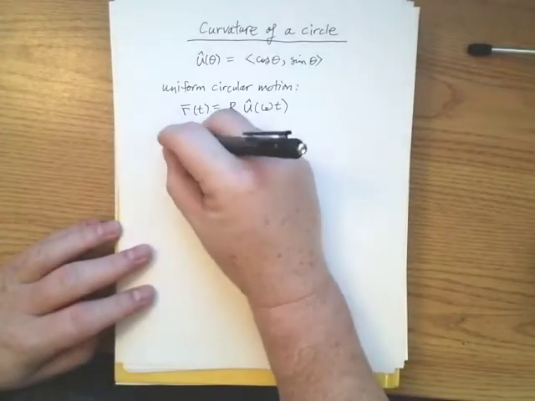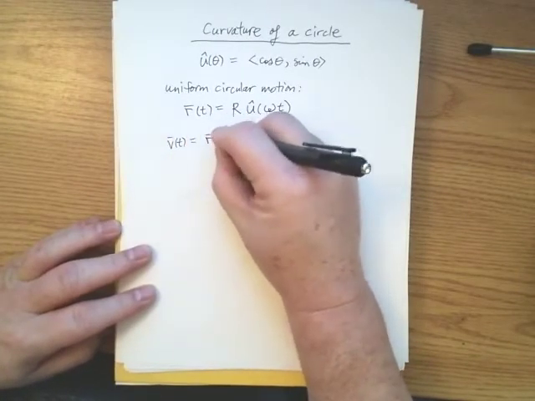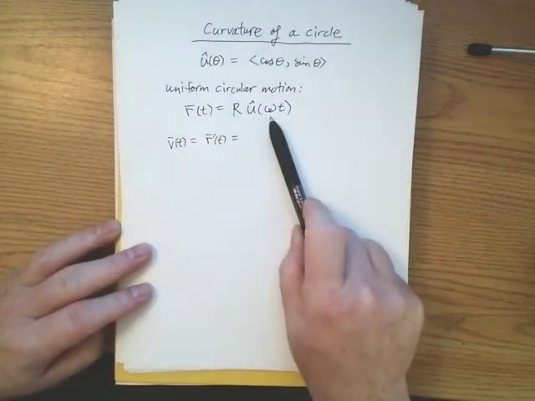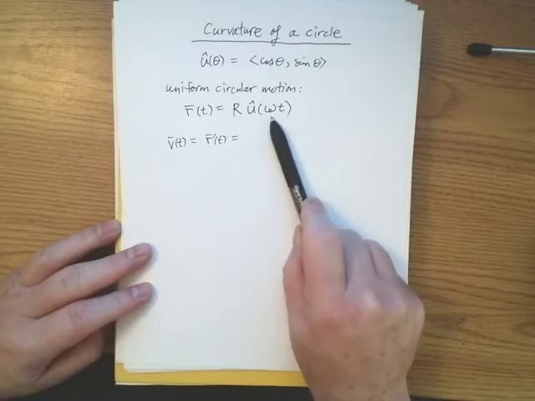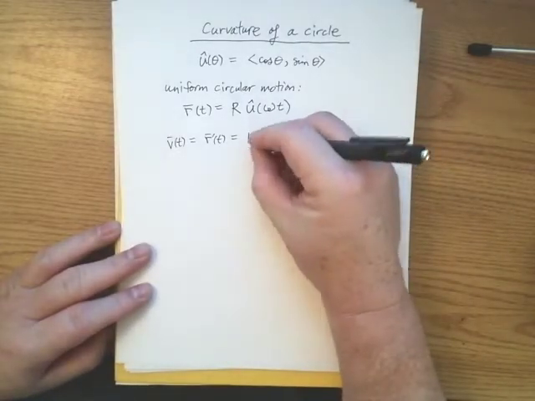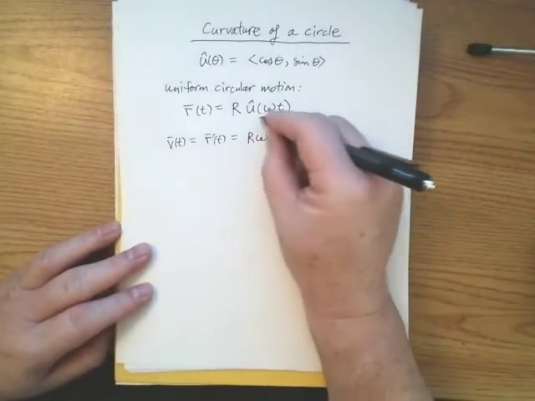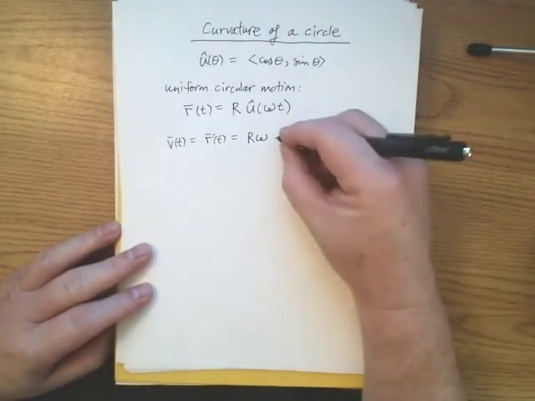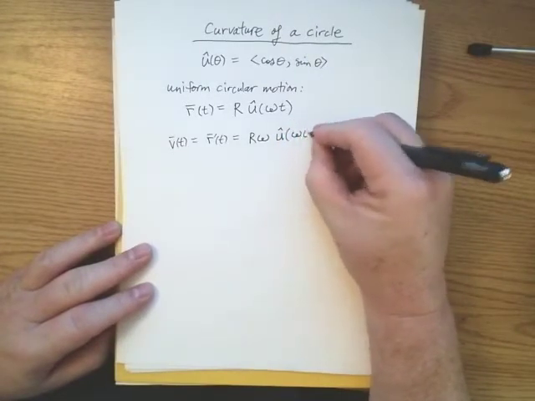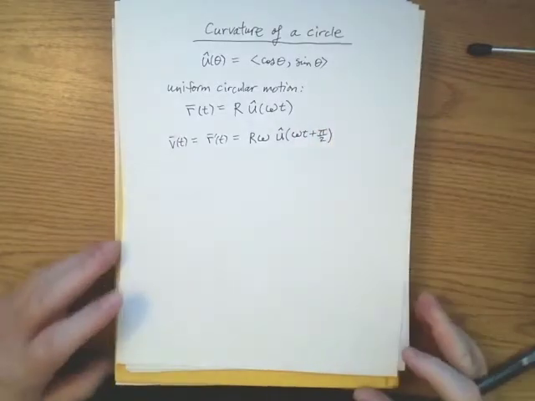Now, if I go ahead and take the first derivative of the position, we get velocity, and we did this before. First of all, from the chain rule, I take the derivative of the inner function with respect to t, and that will give me an omega that will come out. And if you actually differentiate this, like we did in the previous example, what you will find is equivalent to just adding pi over 2 to this.